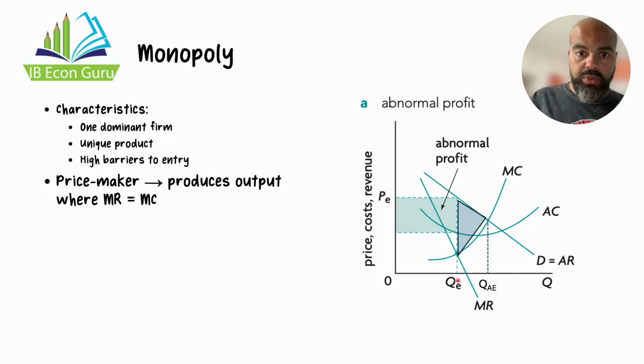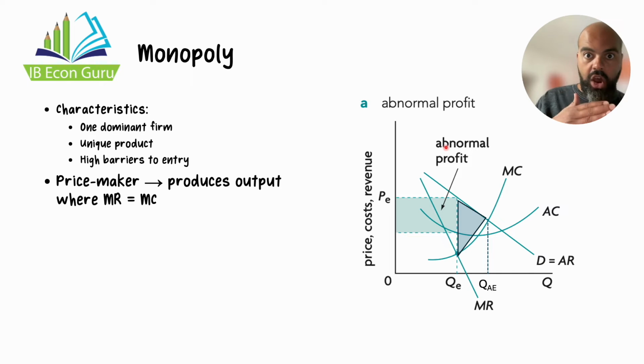So the monopolist will produce QE, this output here, and then you have to go up to see where it intersects the average cost curve. Right here is the average cost. And then you continue going up to the AR to see what the average revenue or the price will be. This is the price right there. Now, in this case, because the price or the average revenue is higher than the average cost, that means the monopolist is making an abnormal profit.